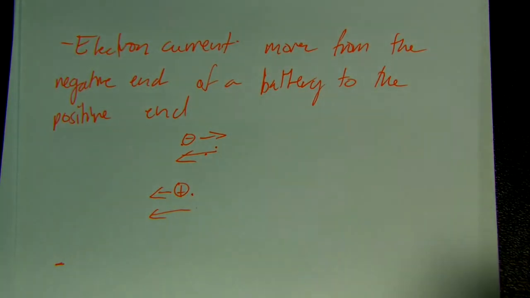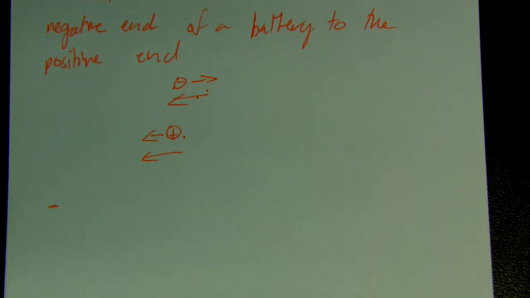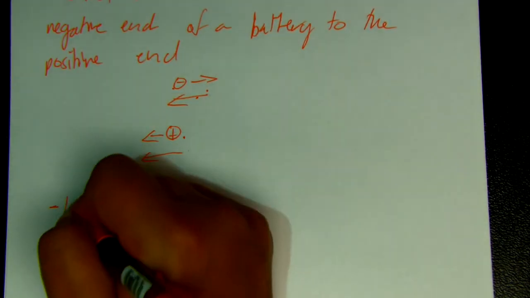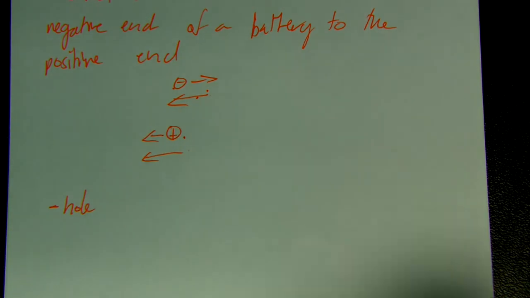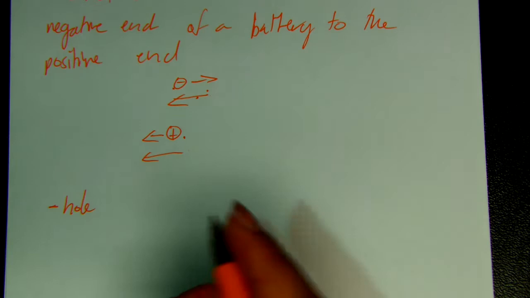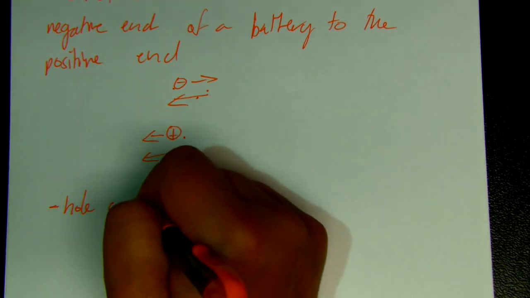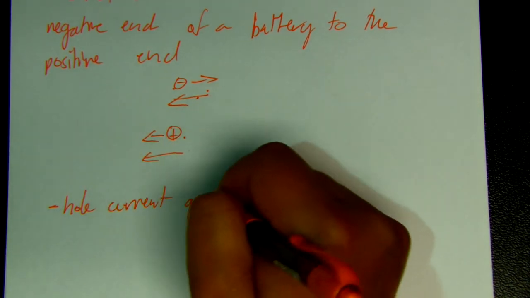And you can tell whether or not you're dealing with electron current or hole current, but this is a new discovery, and it definitely comes after the work that was done to derive these current equations. So hole current goes the opposite direction.